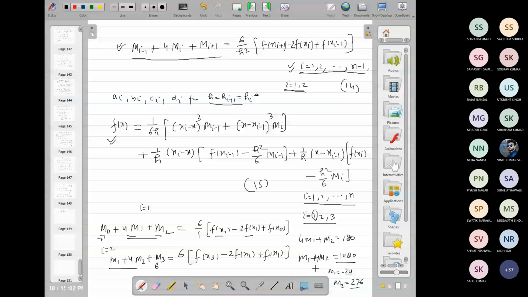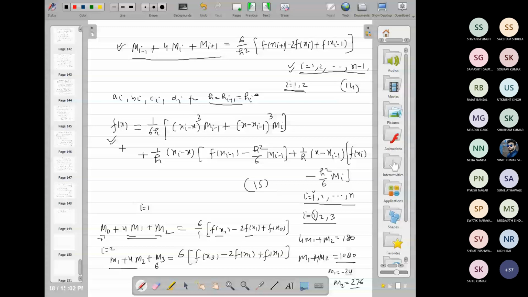So now m1 and m2 are known. Now substitute the values in equation 15, where h is 1, for i equal to 1. Put the value i equal to 1 and then put the values of m_i and x_{i-1}, and you will obtain one cubic polynomial.